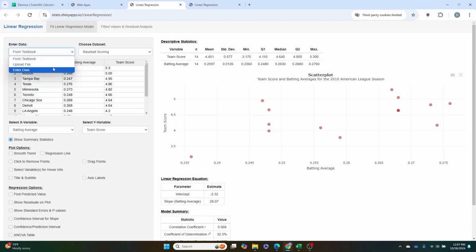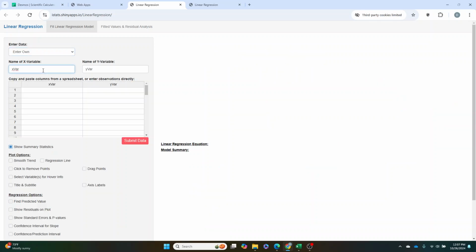We want to enter our own data. This time we're comparing income and meals eaten out. And we can just enter the data. You could also copy and paste it from the Excel spreadsheet. But we don't have that much data here, so I'm happy to just type it in.